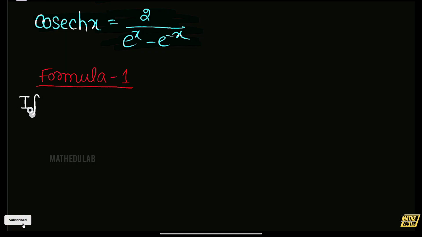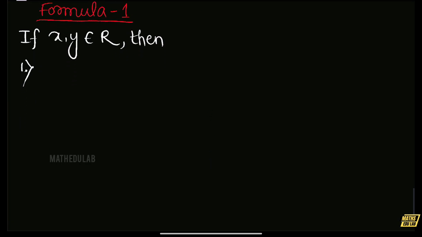Consider x and y belonging to R. There are a few formulas which we have already learned in our higher secondary class in the lesson on trigonometric functions. In just a similar way we will write some formulas and derive each.